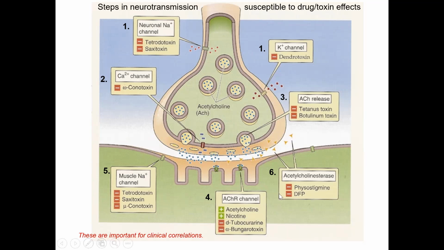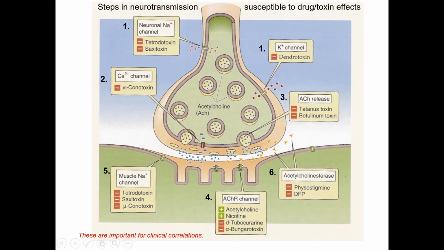The other group which physicians use is the antagonist of acetylcholine. For example, tubocurarine. If you administer this drug, it goes and sits on the receptors of acetylcholine. And here the difference is it sits on the receptor like acetylcholine, but does not open the channel.